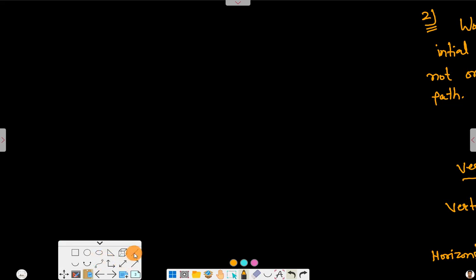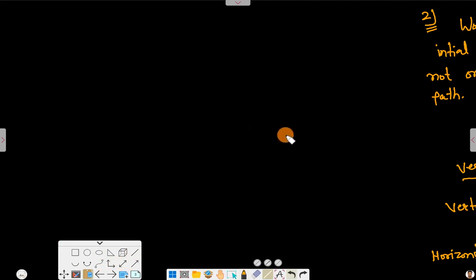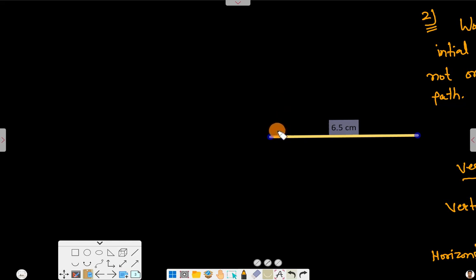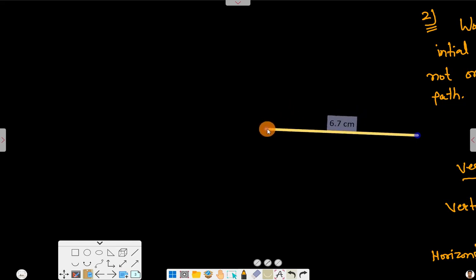Let us draw again. Suppose this is the ground, and this is the path. Let me choose a different color.